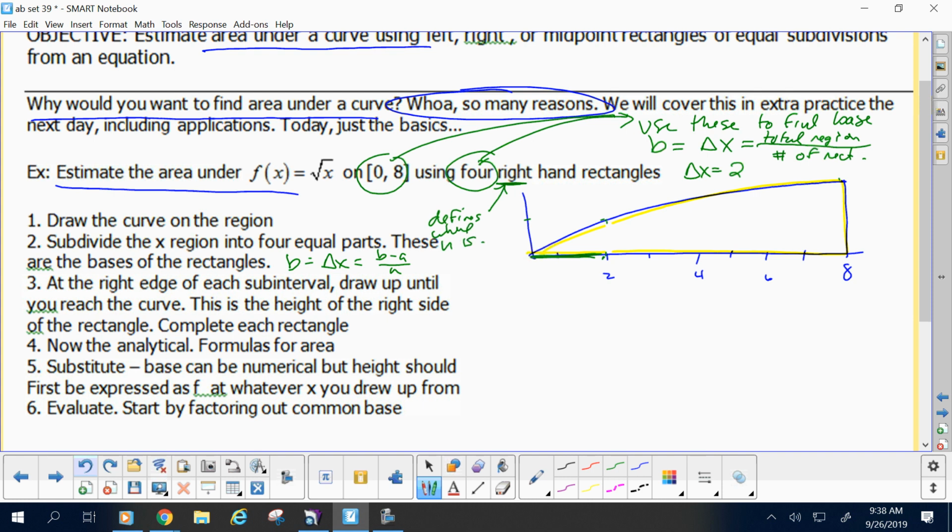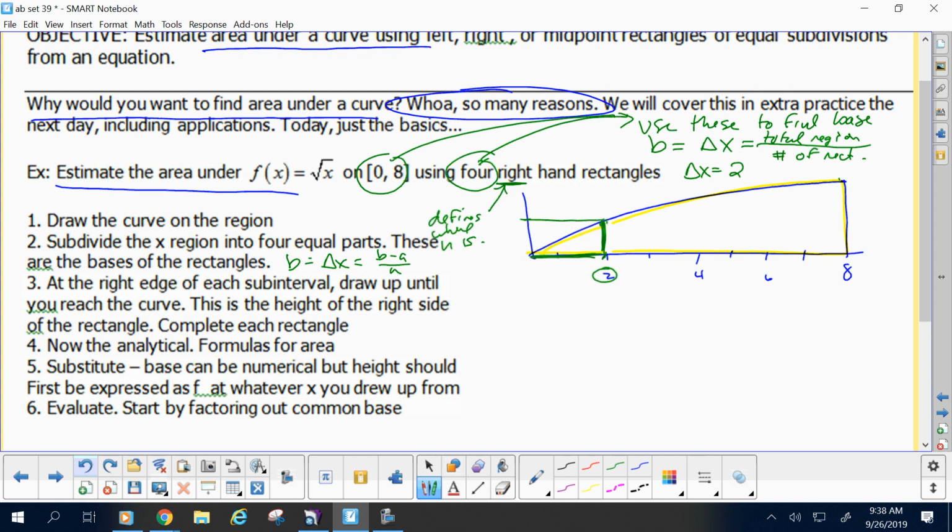If it says right-hand rectangles, then in the subinterval from 0 to 2, I go to the right-hand side, then I go up to the curve, and I say that is going to be the height of the rectangle from 0 to 2. Now to complete the rectangle, it's got to be like that. Certainly that's going to be an overestimate, because there's some area in the rectangle that's not truly in the yellow area. You with me?